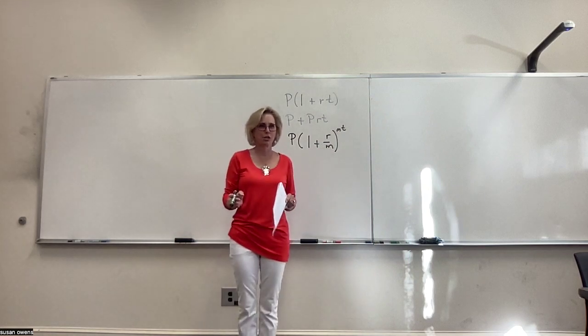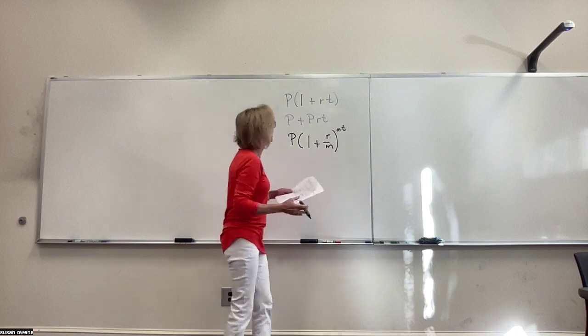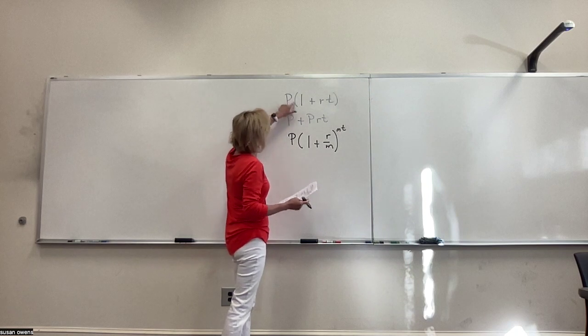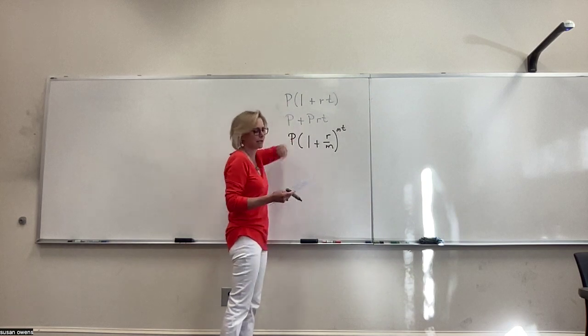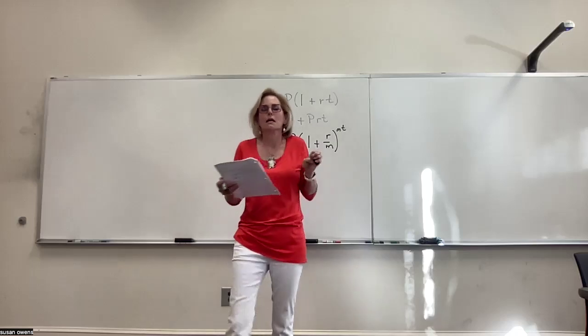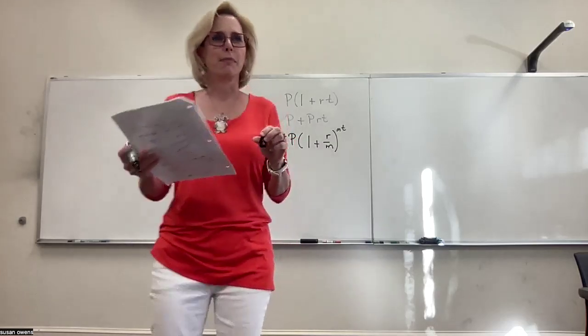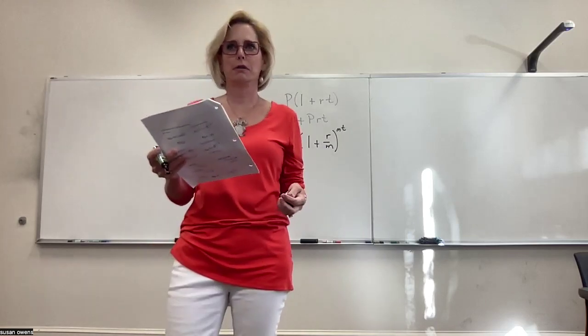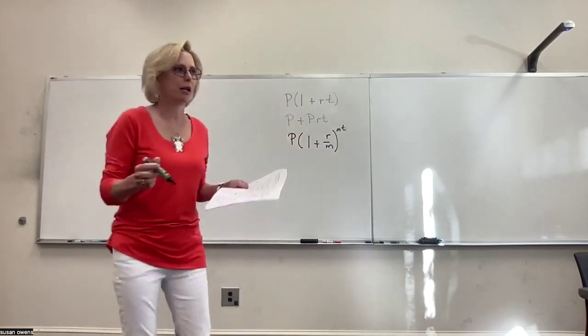You will get a formula sheet, but I won't tell you which one to use where. And I can't remember if the formula sheet has this one or this one for simple interest, but if it has this one, all right, I'll give you that one to add to it. And then the third thing that might be on there is continuous compounding. That's another formula.